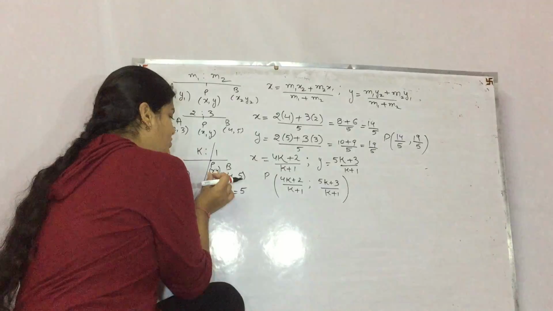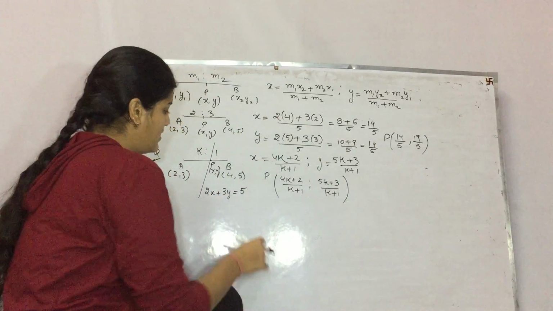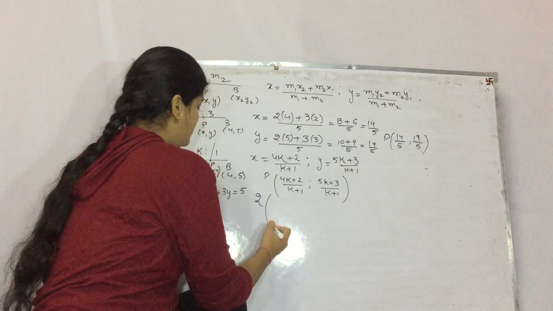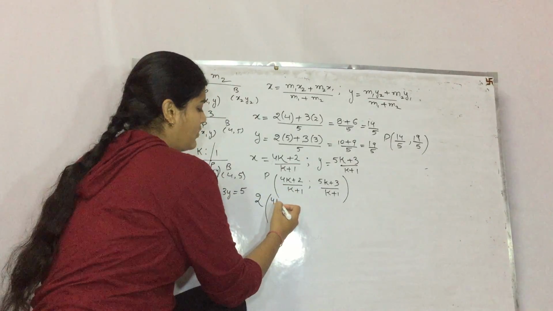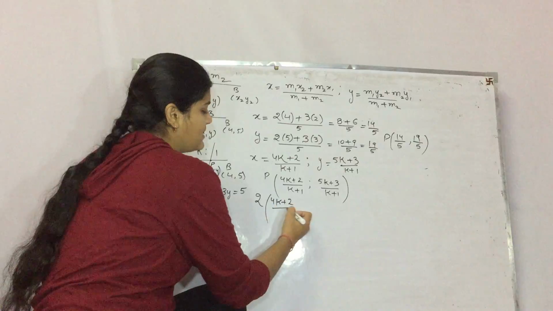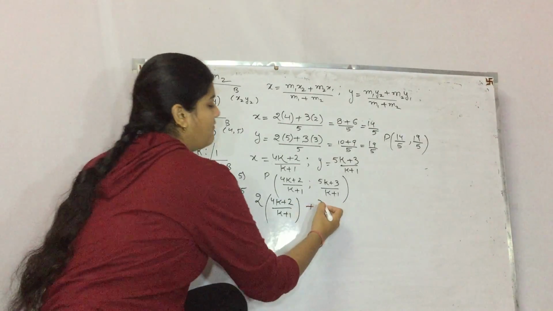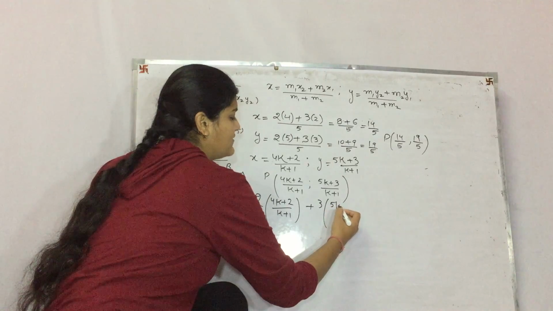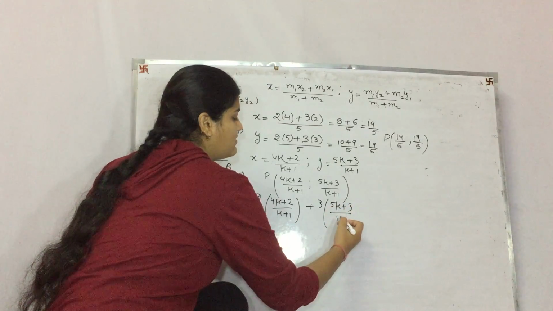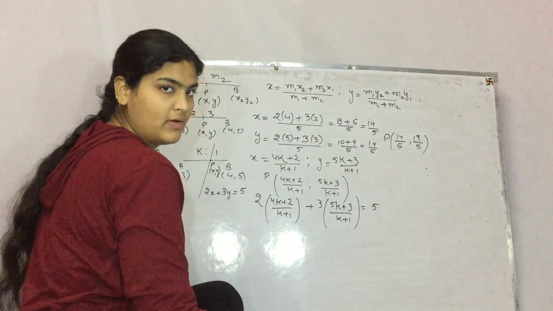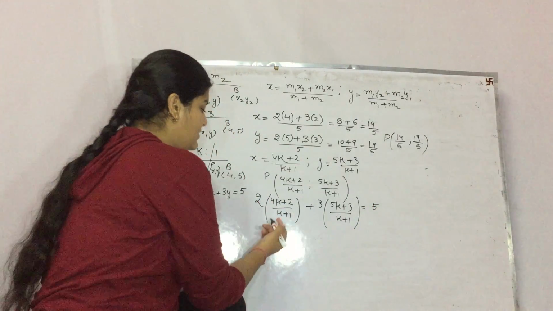So just substitute the value of x and y into it. So how can we calculate? 2x, x is your (4k plus 2) by (k plus 1), plus 3y, y is (5k plus 3) over (k plus 1), equals 5.